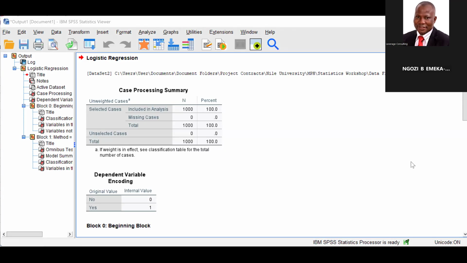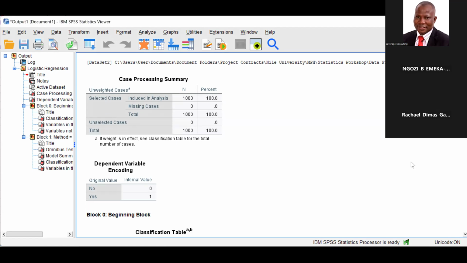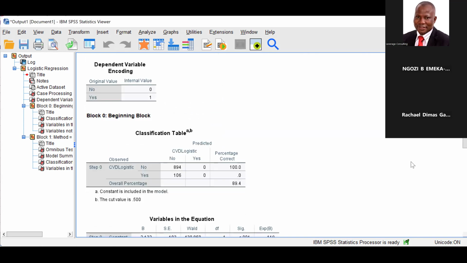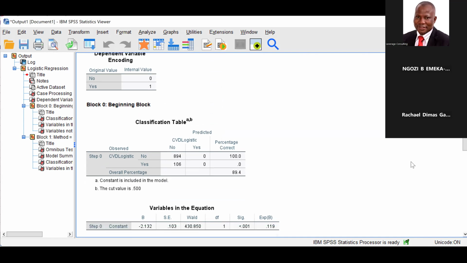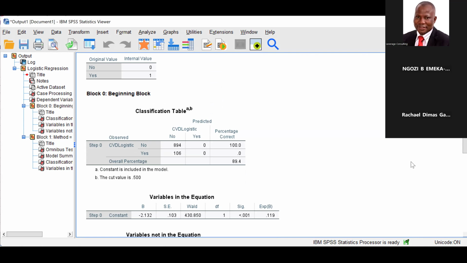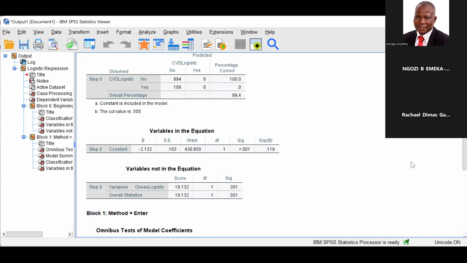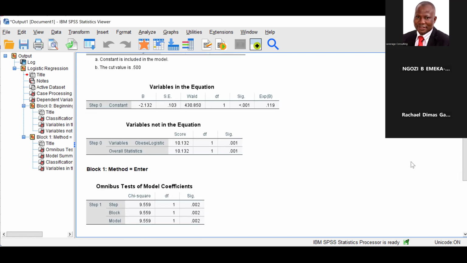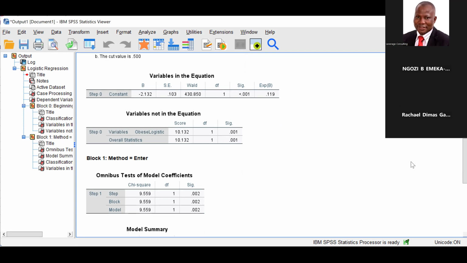Look at the output. Look at that first block. It first tells you, if you don't even consider obesity at all, with only the constant included in the model, can you look at the beta we got? 2.132.